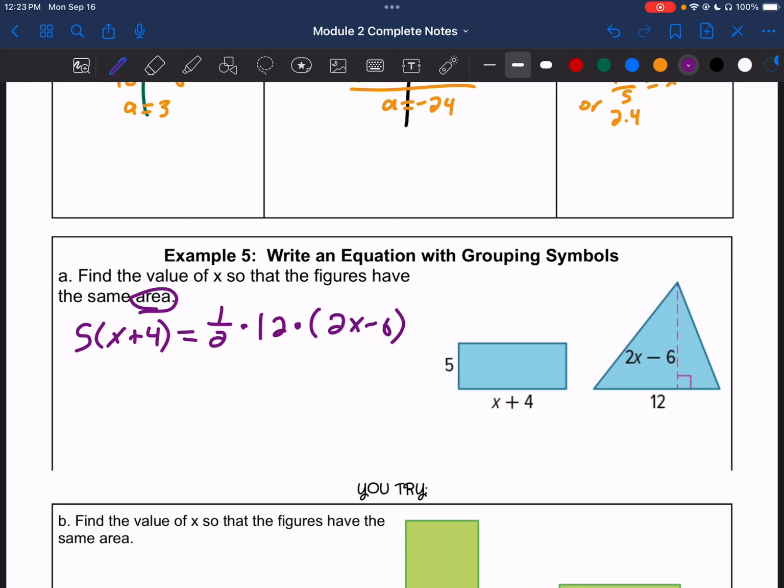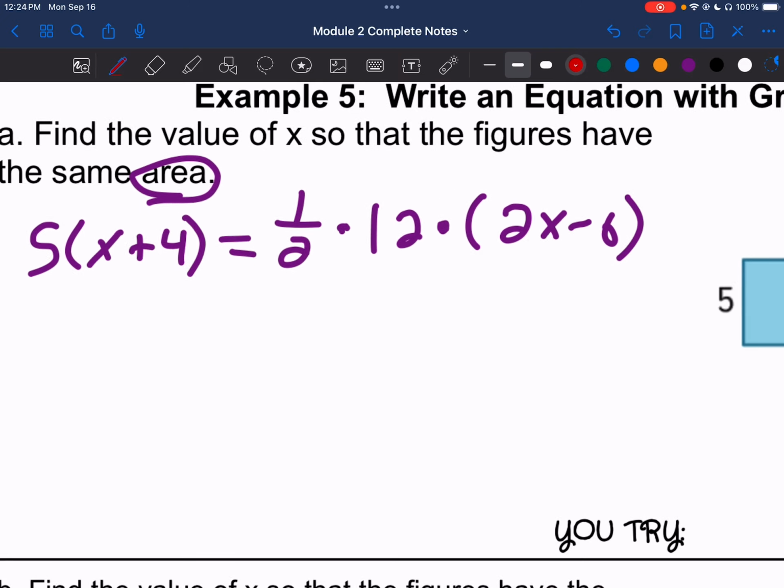Now, pay attention to the fact that I'm putting our binomials in parentheses here because that entire expression, x plus 4, is being multiplied by 5. All right, so now we're going to do our multiplication. So we need to multiply outside the parentheses first, and I'll zoom in so we don't need the picture anymore.